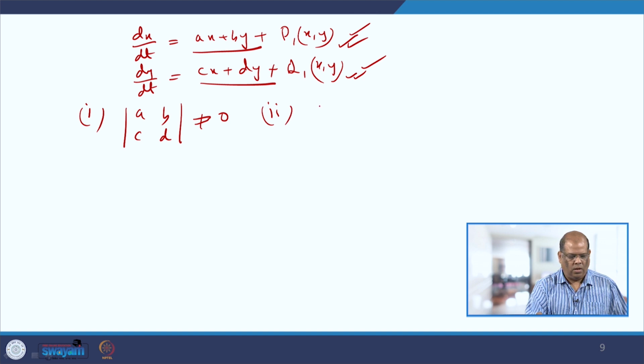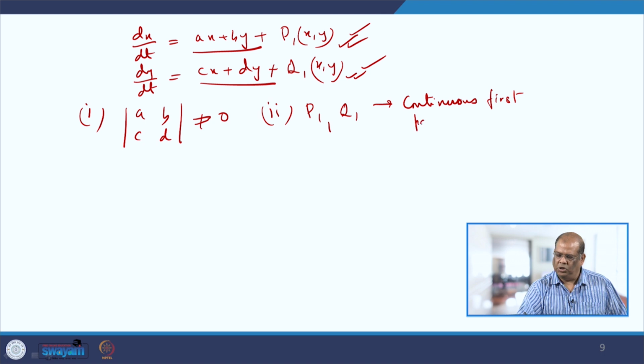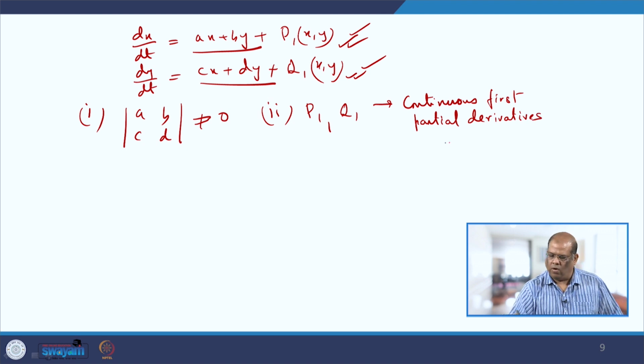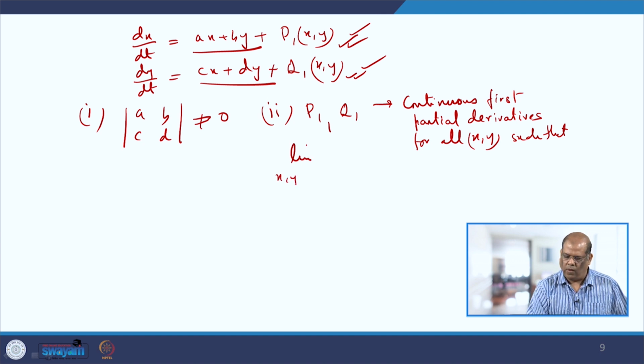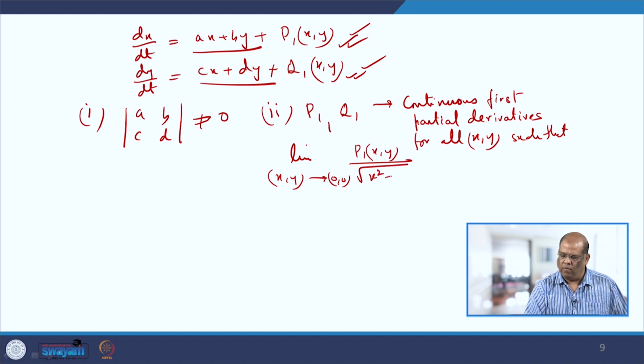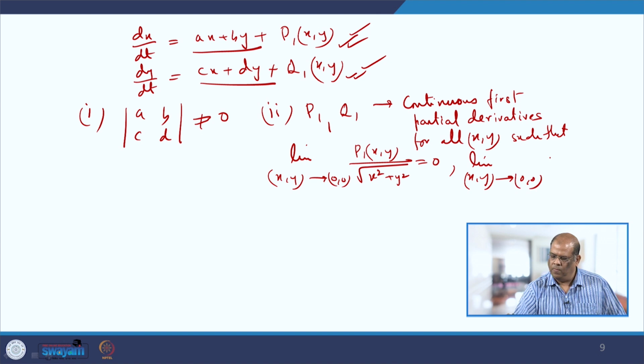Number 2, P1 and Q1 have continuous first partial derivatives for all x, such that the limit as (x, y) tends to (0, 0) of P1(x, y) divided by root of x square plus y square is 0, and the limit as (x, y) tends to (0, 0) of Q1(x, y) divided by root of x square plus y square equals 0.